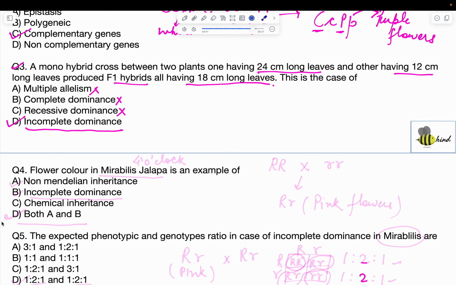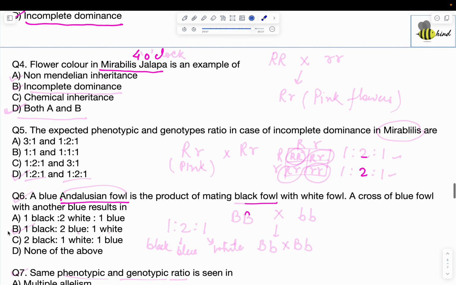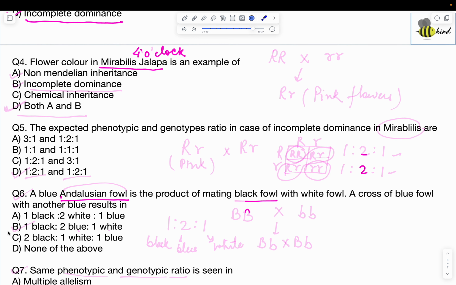Flower color in Mirabilis jalapa, the Japanese four o'clock. This plant had red color flowers. When crossed with white colored flowers, it produced pink flowers.